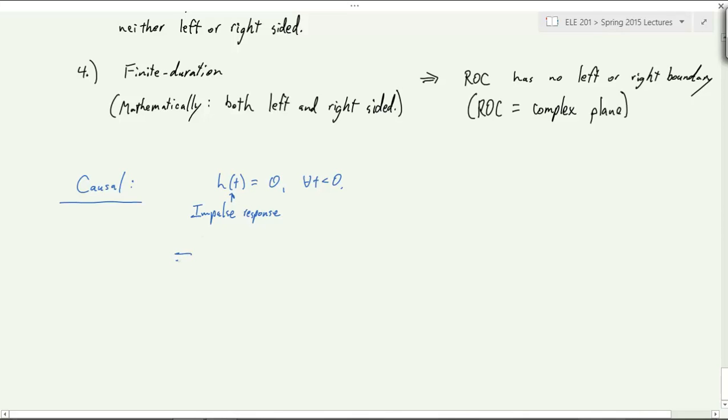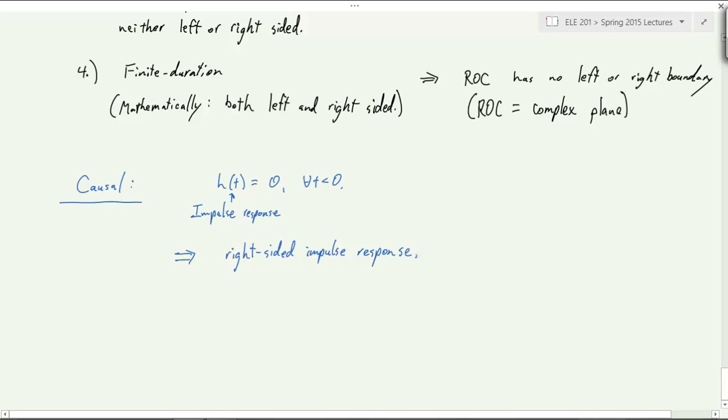So therefore, if that's true, then certainly the impulse response is right-sided. Okay, so a causal system has a right-sided impulse response.